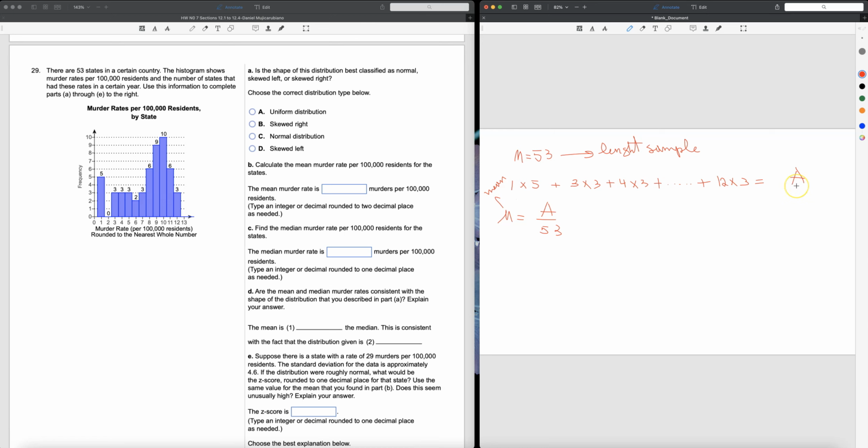And what is A? A is the summation of all the outcomes multiplied by their corresponding frequencies. Okay. Now, if you want to really know what is your physical sample, you can reveal that from the histogram or the distribution frequency, because this is not your original sample.